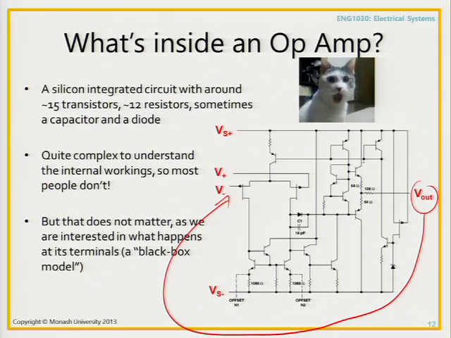And what the whole circuit basically does is it tries to adjust the voltages such that V plus is equal to V minus. That's an enormously complex process. Inside the operational amplifier, it'll adjust its voltages on the transistors, it'll adjust the currents going through the transistors, all in the process to make these two voltages, V plus equals V minus. That's the key thing you want to understand.